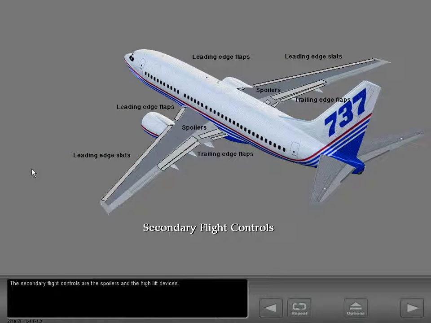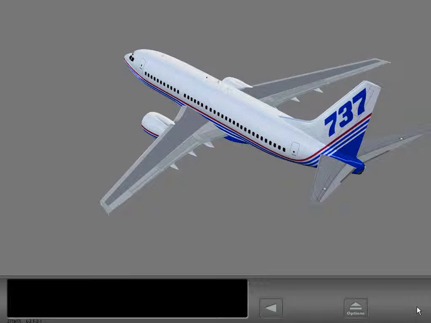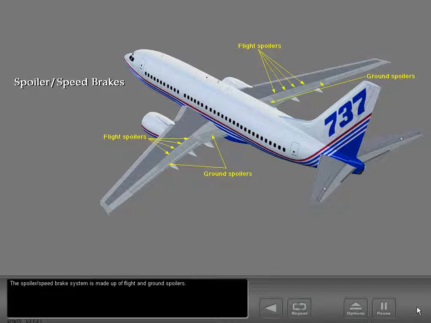The secondary flight controls are the spoilers and the high lift devices. The spoiler speed brake system is made up of flight and ground spoilers.